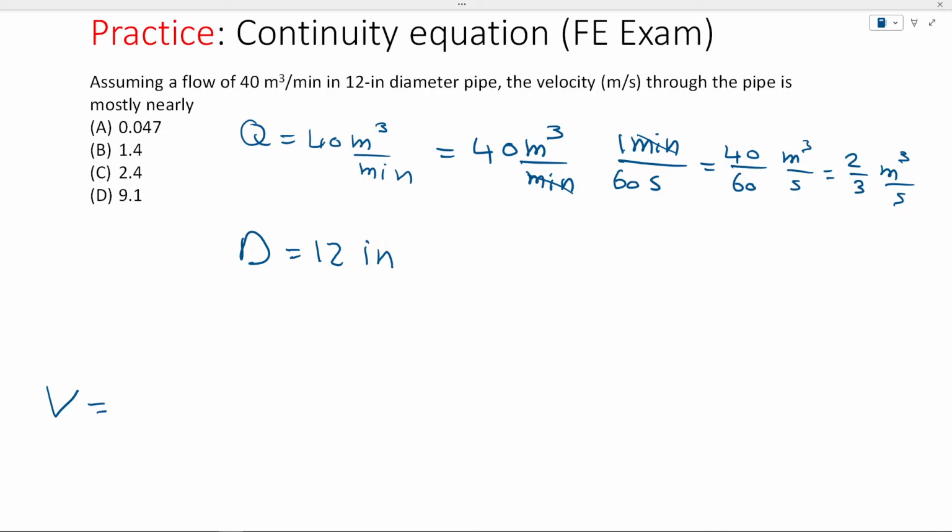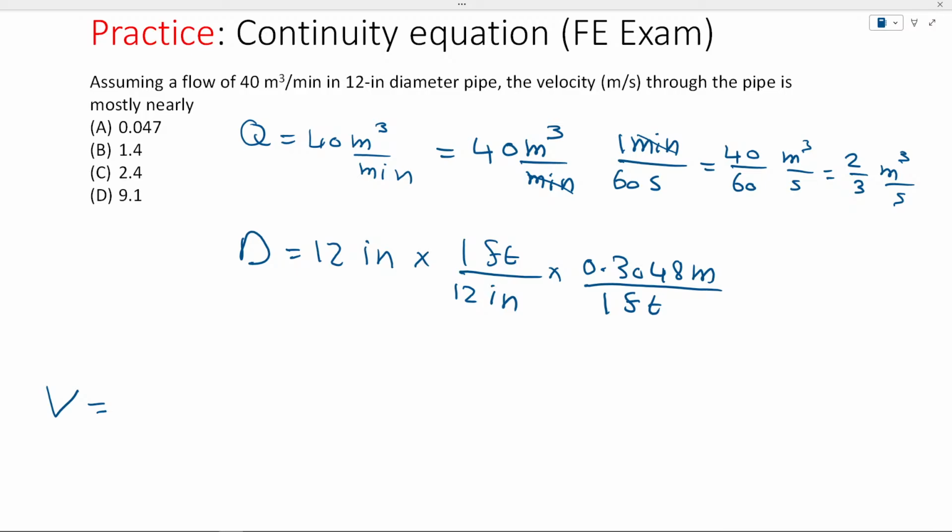Similarly here, how to convert this? I know, for example, that 1 foot has 12 inch, and I know that 0.3048 meter is 1 foot. 1 foot is about 30 centimeter or something like that, something you can know.